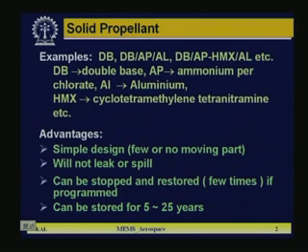Some examples of the propellant are shown here. One is double base. Mixtures of some compounds are sometimes used, sometimes simple chemicals are also used. Al is basically aluminium, AP is ammonium perchlorate. Sometimes a mixture of aluminium and HMX, which is cyclotetramethylene tetranitramine.